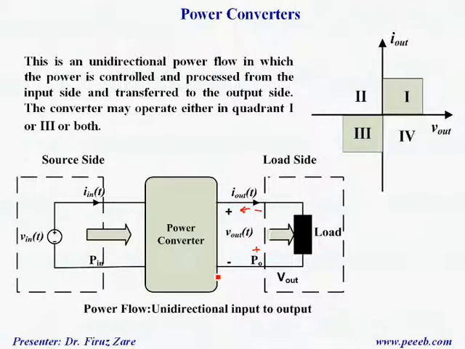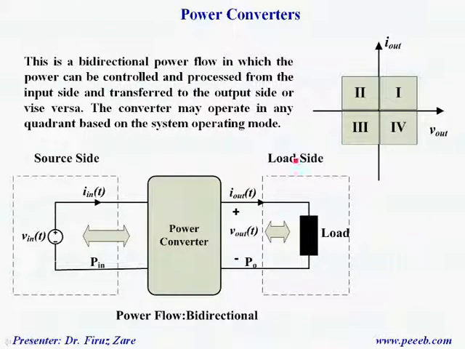So when we know these modes of operation, then we can design the power converter to be able to deliver positive and negative current and provide positive and negative voltage. So this is a bidirectional power flow in which the power can be controlled and processed from the input side and transferred to the output side, or vice versa. That means sometimes from the output side into the input side. So in this case, as you can see, the system operates in 4 quadrants.